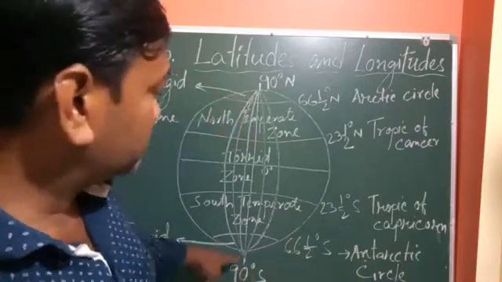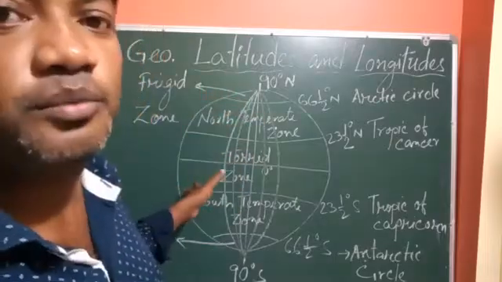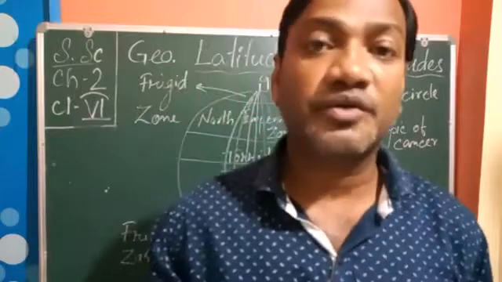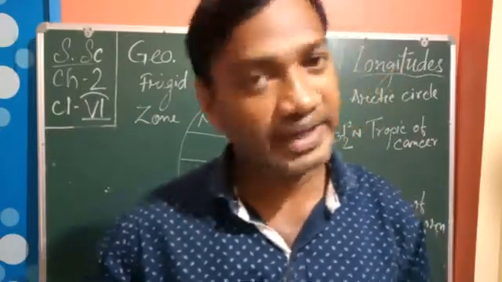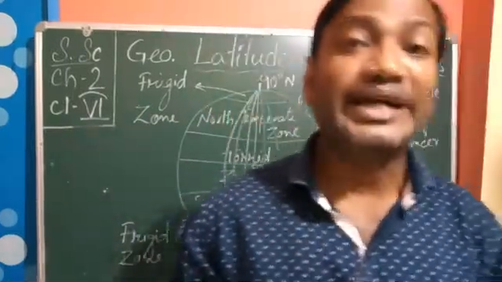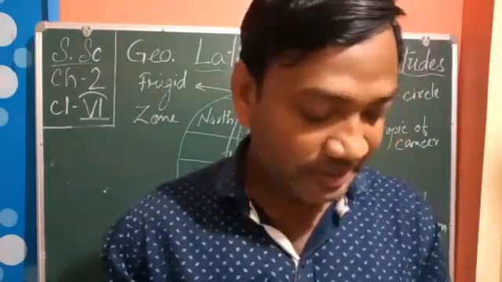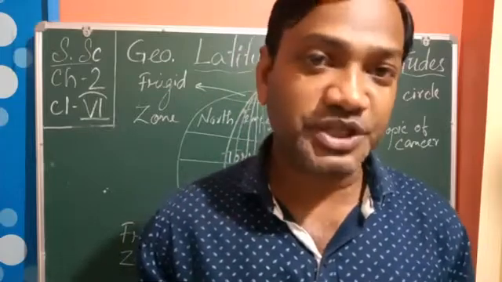So from North Pole to South Pole, these lines are there on the globe, and these are called meridians or lines of longitude. Clear?